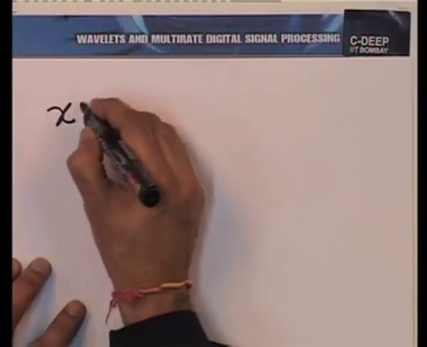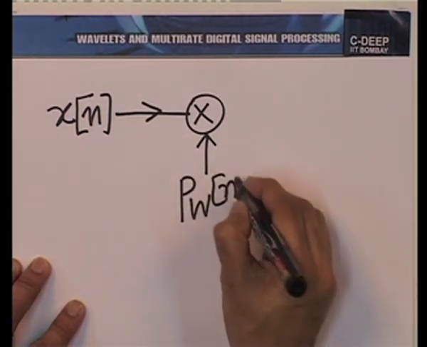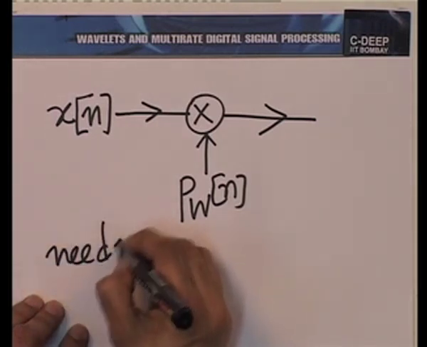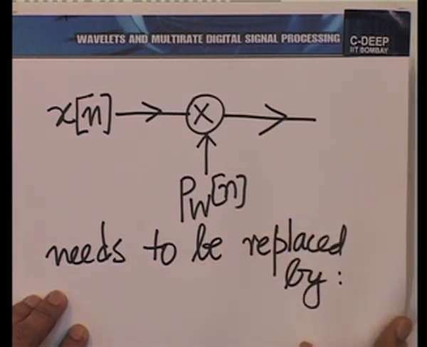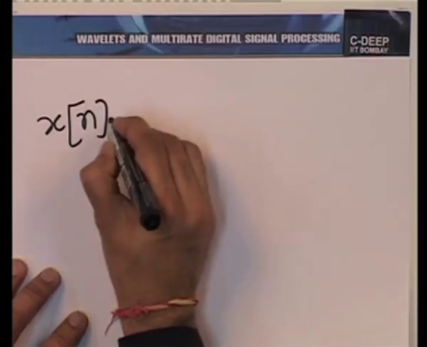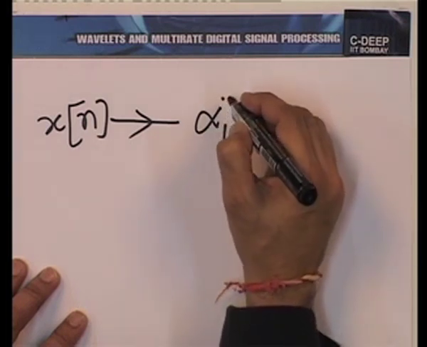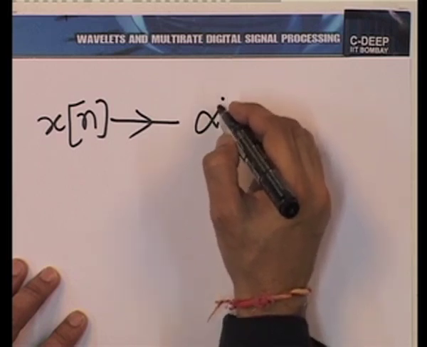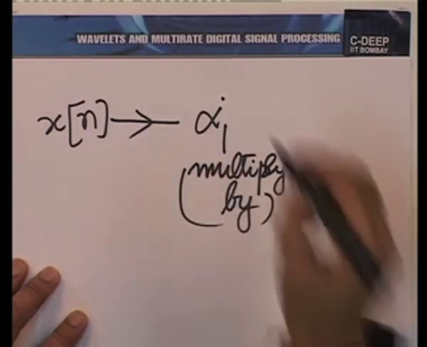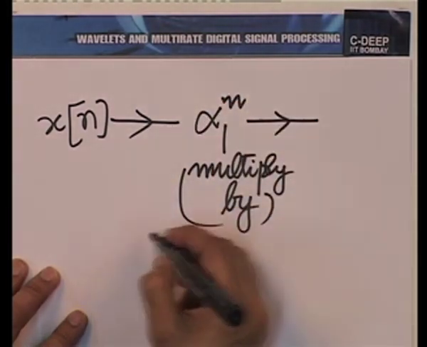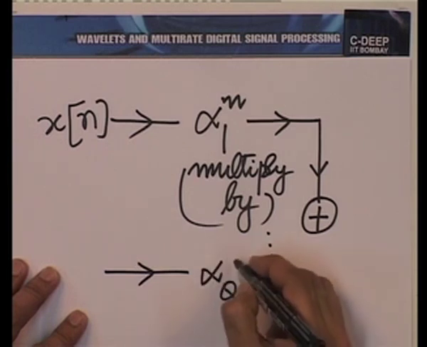This multiplication by PWN needs to be replaced by x n multiplied by alpha 1 to the power n, plus say alpha q to the power n, q such terms.